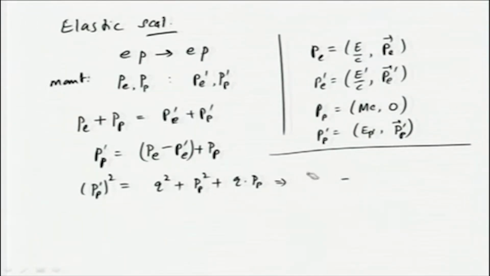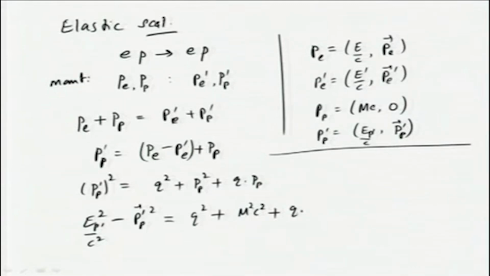Let me write it again. So, this is E_p²/c² minus the 3-momentum squared, which is equal to q² plus, similarly, P_p only has the 0th component, which is m²c², plus 2 q dot P_p.